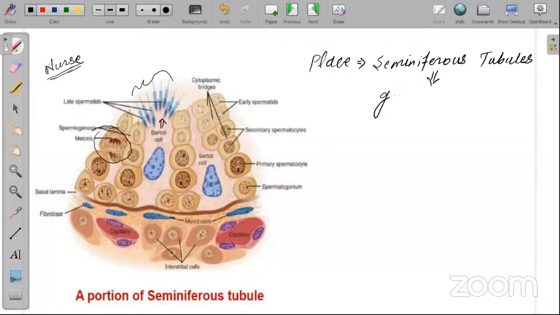So this is the precise address of the place where sperm gets developed.